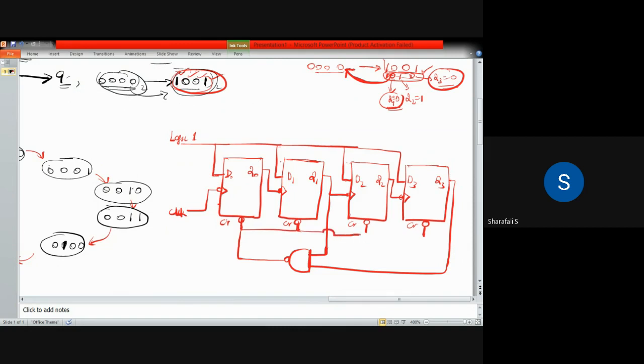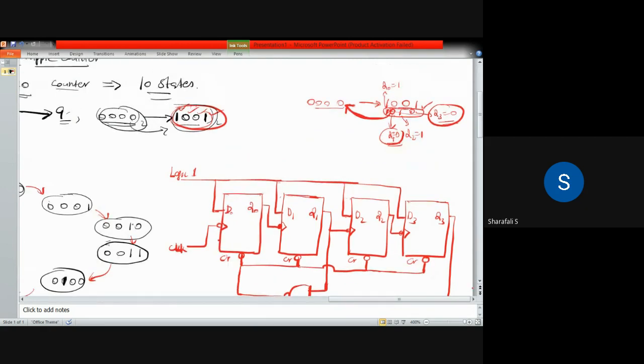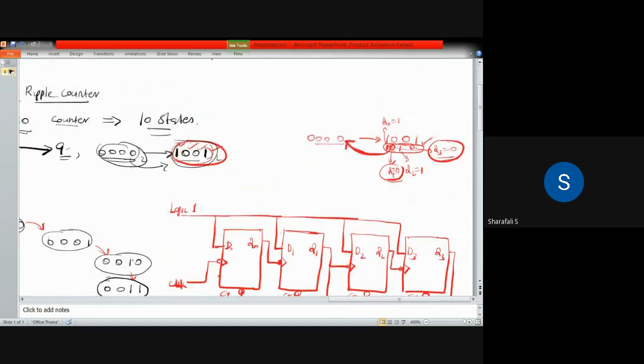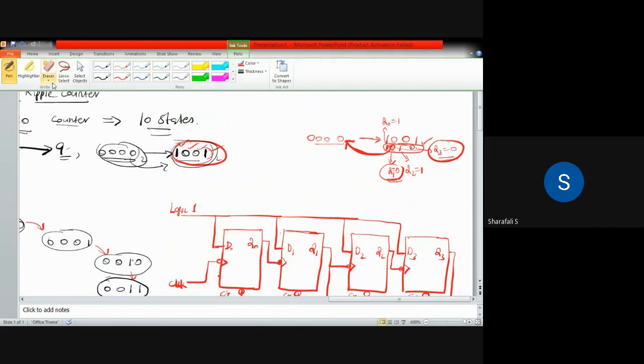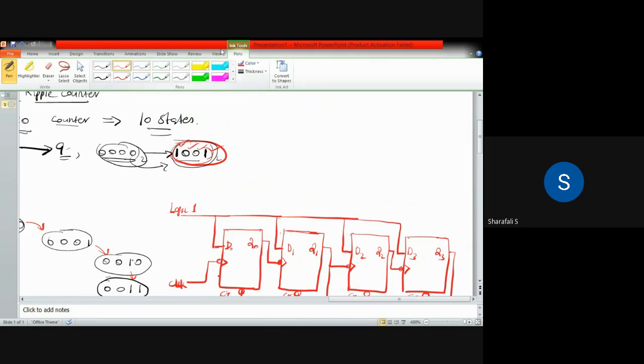Output of this NAND gate has to be connected to each of these clear commands. So this is the only possibility that you can have when you are having Q1. I will just write all those binary values here for a better understanding.